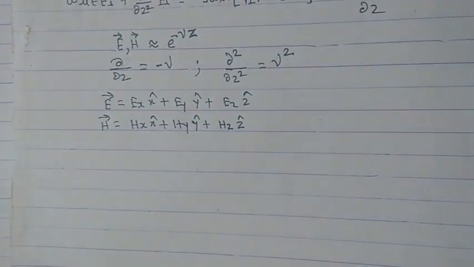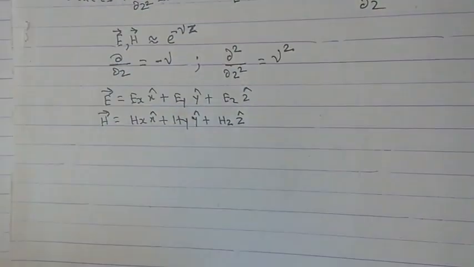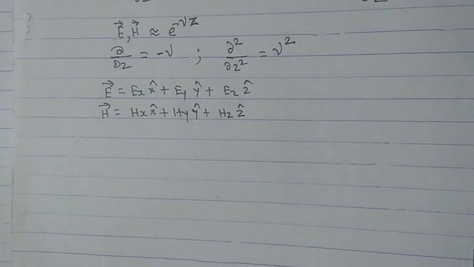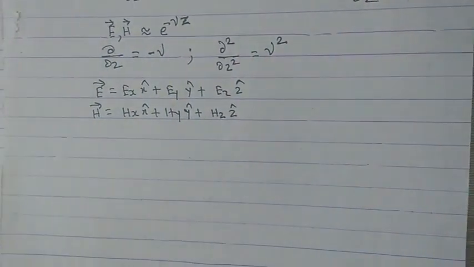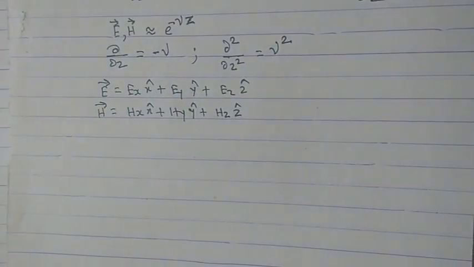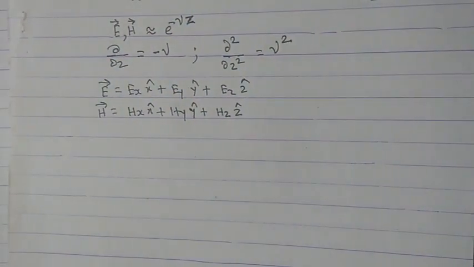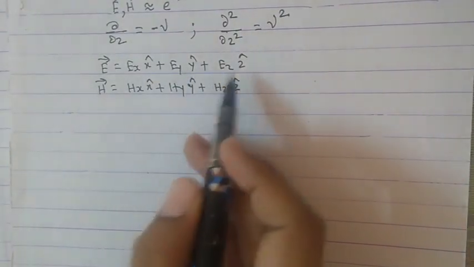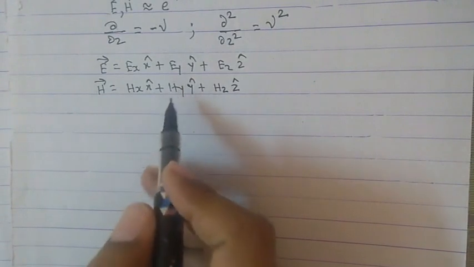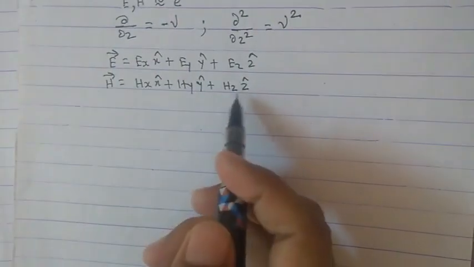Look at these two equations. Your EM wave is made up of electric and magnetic field. So 3 field components for electric field and 3 field components for magnetic field. So in total, we have 6 field components: Ex, Ey, Ez and Hx, Hy, Hz.